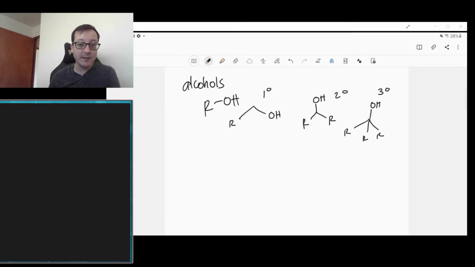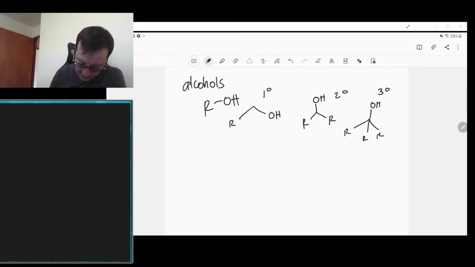Secondary alcohol is on a CH2. Well, now it's a CH. And then the tertiary alcohol has got 3 carbons bound to the alcohol containing carbon. So we call those primary, secondary, tertiary. Just like we would call the carbons, the carbon that is on is primary, the carbon that is on is secondary or tertiary. So we have all of this lovely information for us.